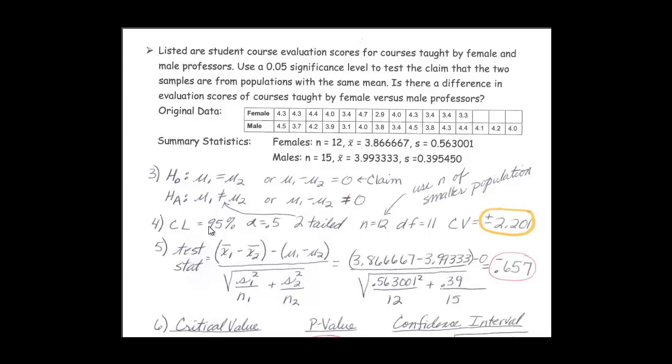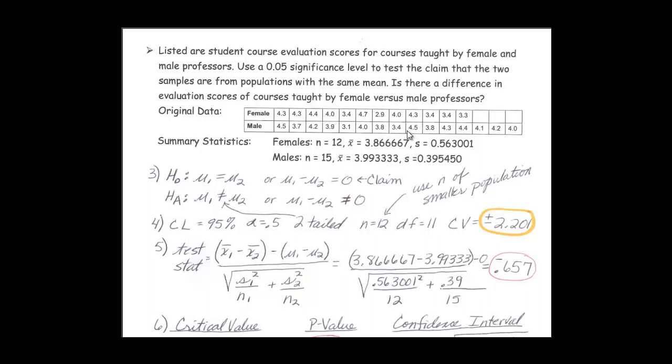Looking at our confidence level, it is 95%, so our alpha is 0.05. I need you to insert another 0 in there. I went through this too quickly, but I got that from this second line right here. Okay, our sample size that we're going to use is 12, and our degrees of freedom is 11, simply because this is the smaller of the two samples, but also these are different populations.